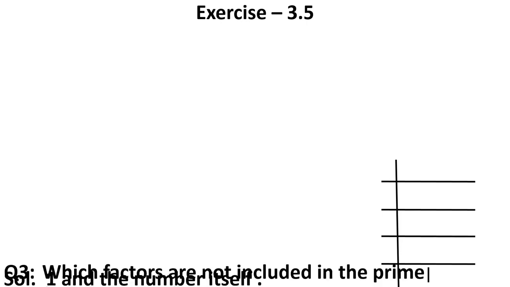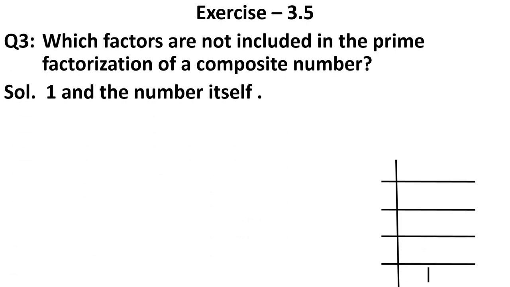Now let us do some questions of exercise 3.5. See question number 3. Which factors are not included in the prime factorization of a composite number? Composite numbers are those numbers which have more than 2 factors.